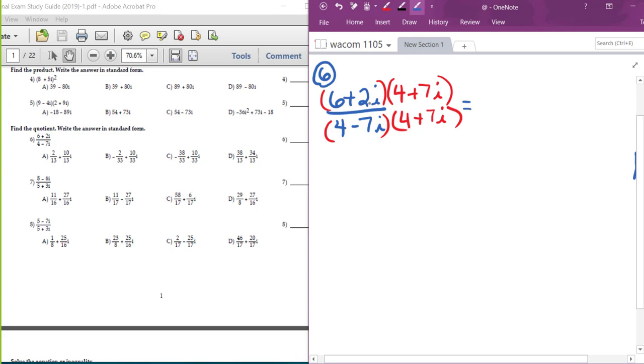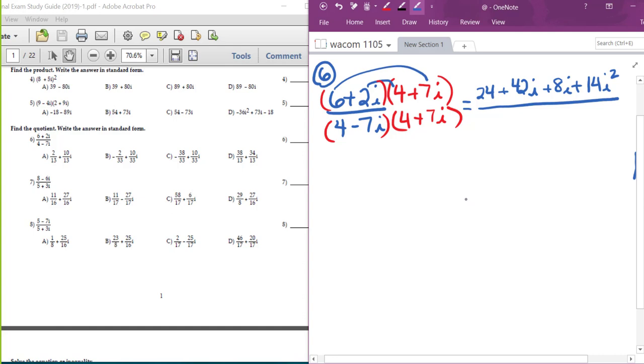So on your numerator, we have 6 times 4 is 24. We have 7 times 6 is 42i. We have 2i times 4 is 8i. And we have 14i squared. And we'll need to clean that up. Right?